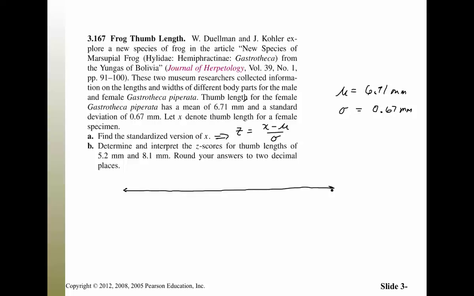So we want to get a feel for what the data is like by setting up the ranges of 1 standard deviation above and below the mean, the interval of 2 standard deviations above and below, and 3 above and below. So I want you to set that up. So where's 6.71?